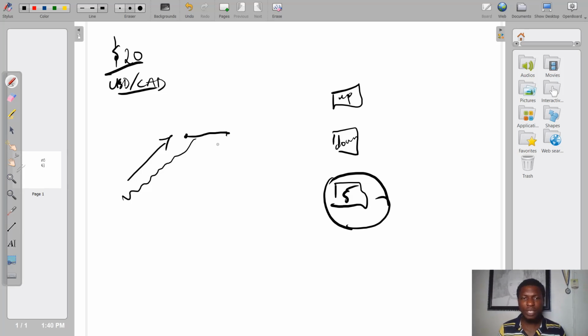Now, what happens if this trade goes against your prediction? That means it goes down, and you are staking $1, for instance, okay? In the first session, you stake $1 and this trade goes down. Then you have lost this trade, okay? Now, this is where the martingale system comes in. So the first gale, okay, for the first gale, you just have to double this amount that you used.